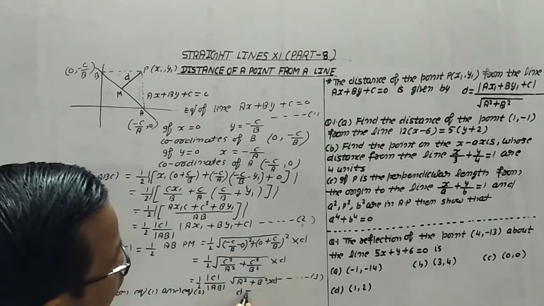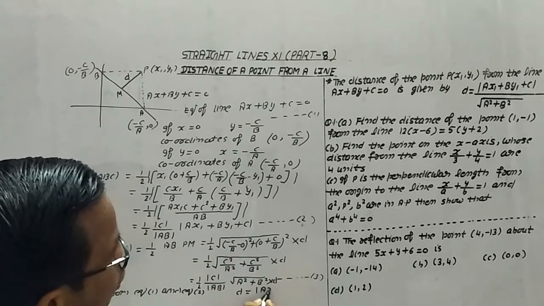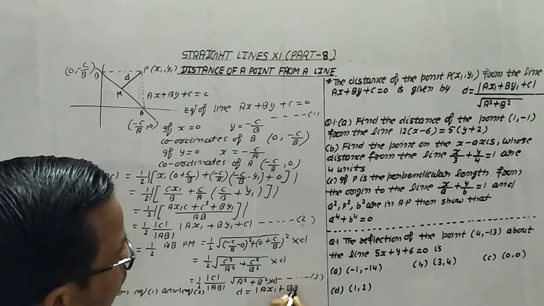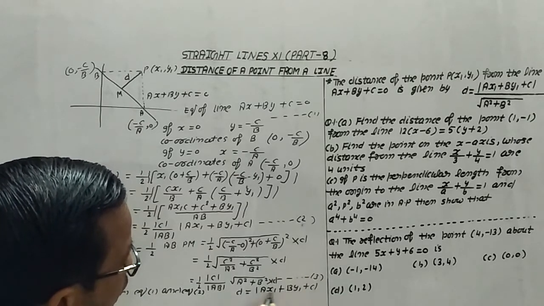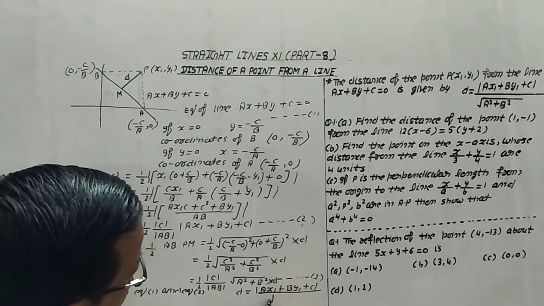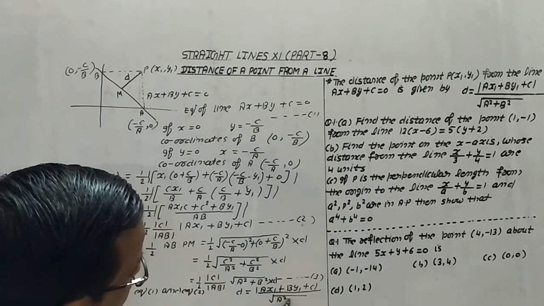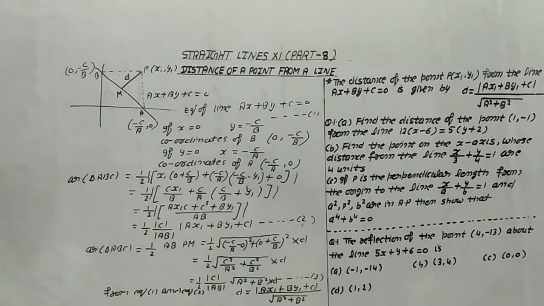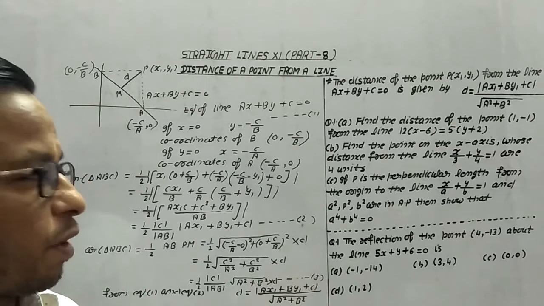It means d equals modulus of ax1 plus by1 plus c upon under root a square plus b square, and this will be the derivation for this part, which is very important.